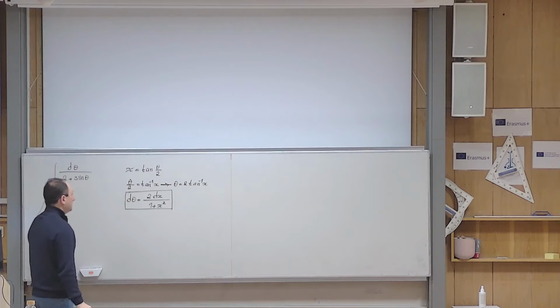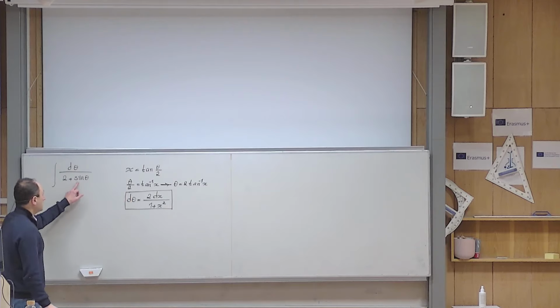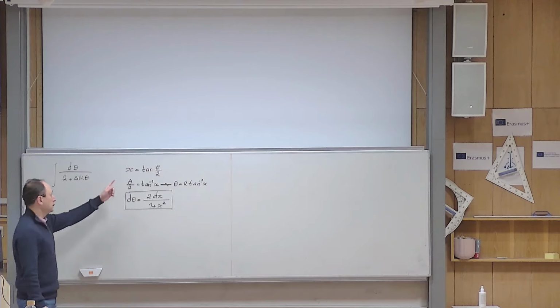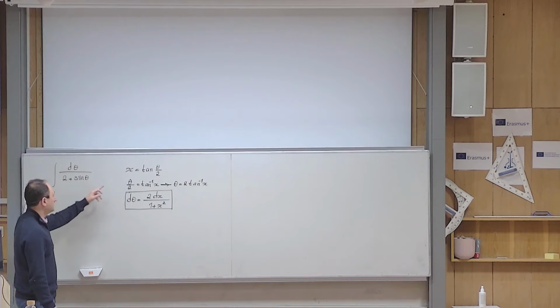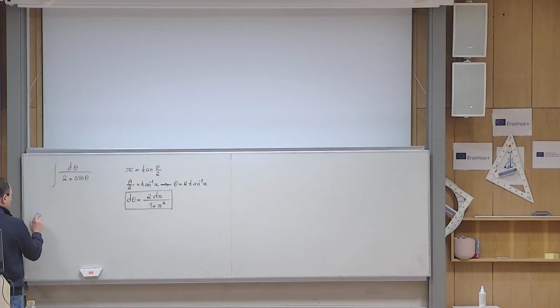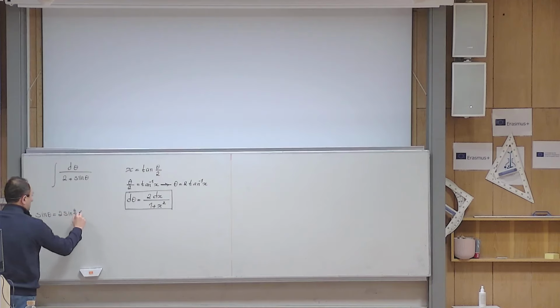And now I have to write sine theta in terms of x, because when I do a substitution, I have to get rid of my old variable in favor of my new variable. So I should be able to write sine theta in terms of tangent theta over 2. And we can do it like this. Sine theta can be written as 2 sine half of this angle multiplied by cosine half of this angle.